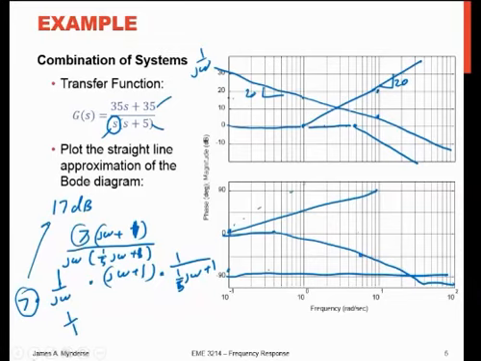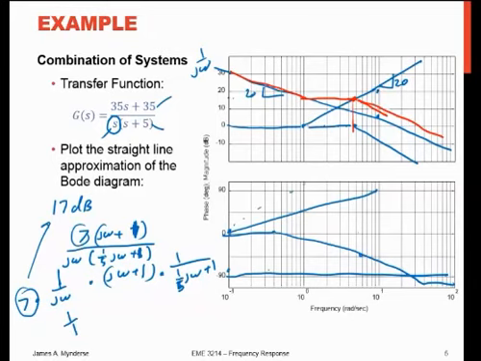So my initial response at low frequency is just this, till we get to here. Now I have a positive 20 dB per decade and a negative 20 dB per decade. So that goes flat up to this point, and where it lines up here, and then now I have my slope of 20 dB per decade down there.